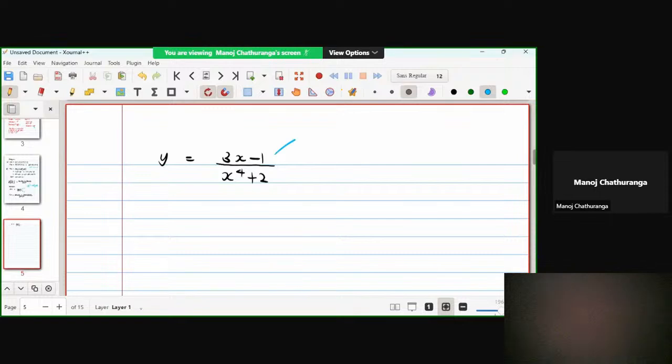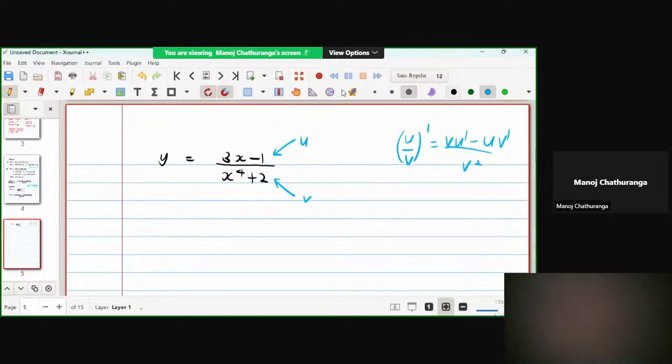So think about this as u over v, then what we have is u divided by v. Its derivative is v u prime minus u v prime, divided by v squared.